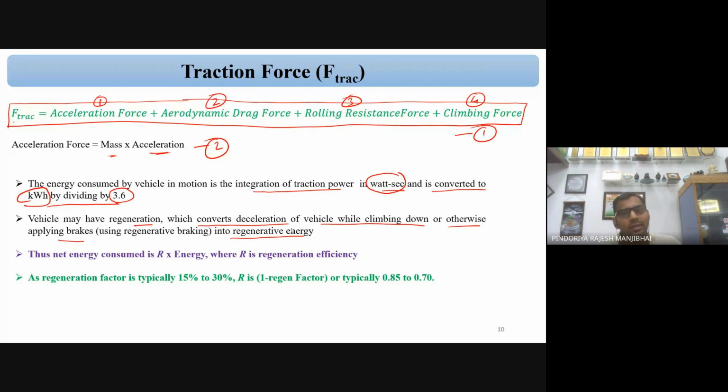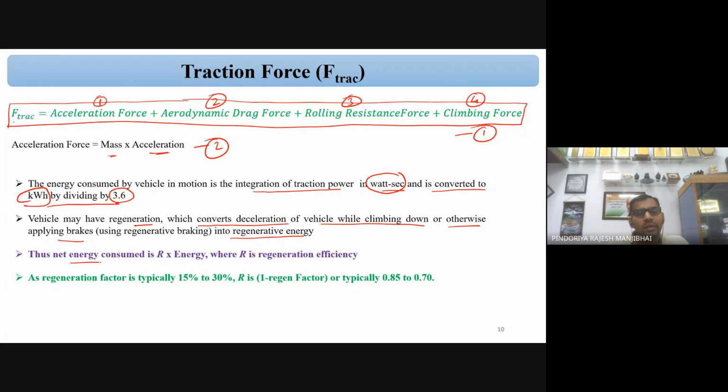As I said in the last class, suppose you are coming from top to down, and at that time we are applying the brake. While applying the brake, our motor works in generator mode, from motoring mode to generator mode. And that generated energy we can store in our battery. So that is the regenerative braking system.